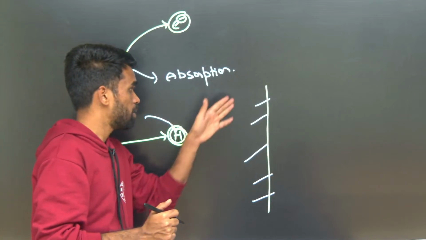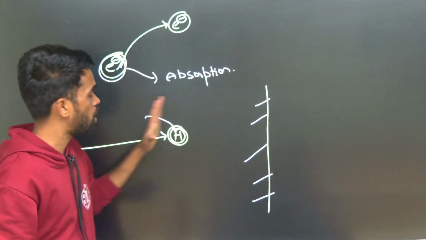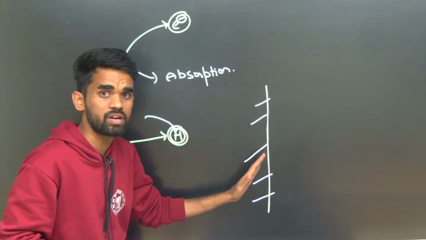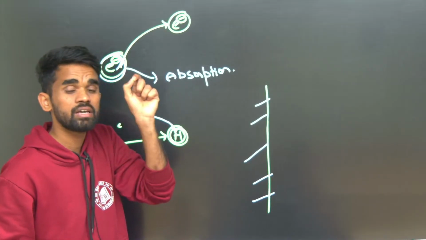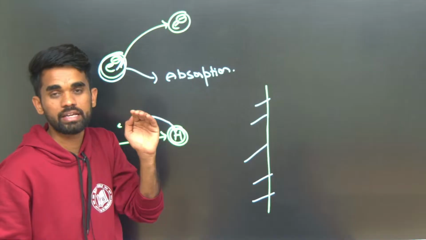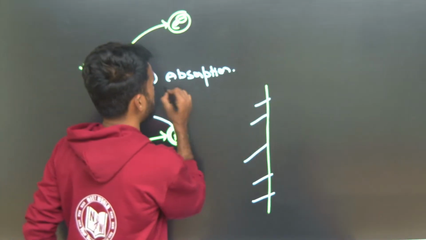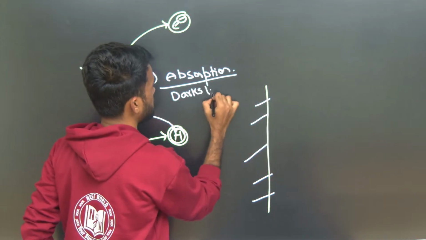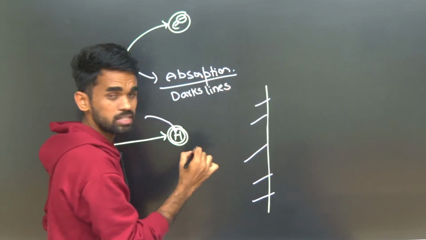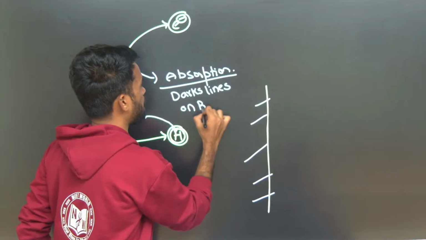So all the wavelengths are hitting this photographic plate, but only a few lines are missing. Wherever the lines are missing, we will be seeing darkness. So in absorption spectra, dark lines are observed on a bright background.